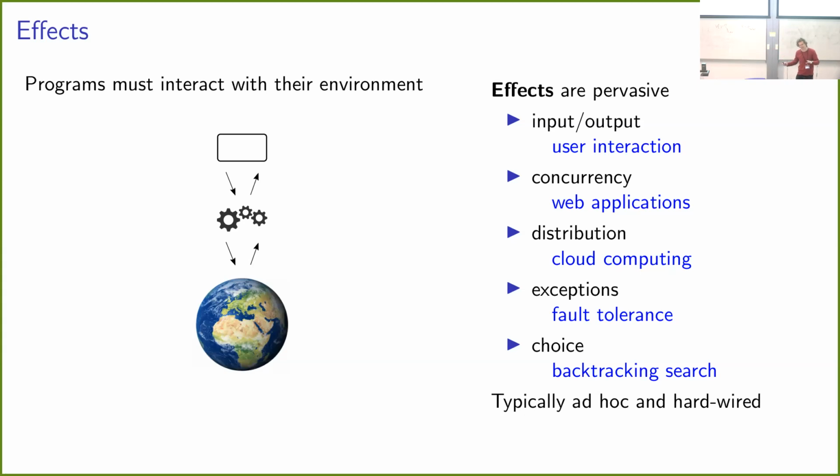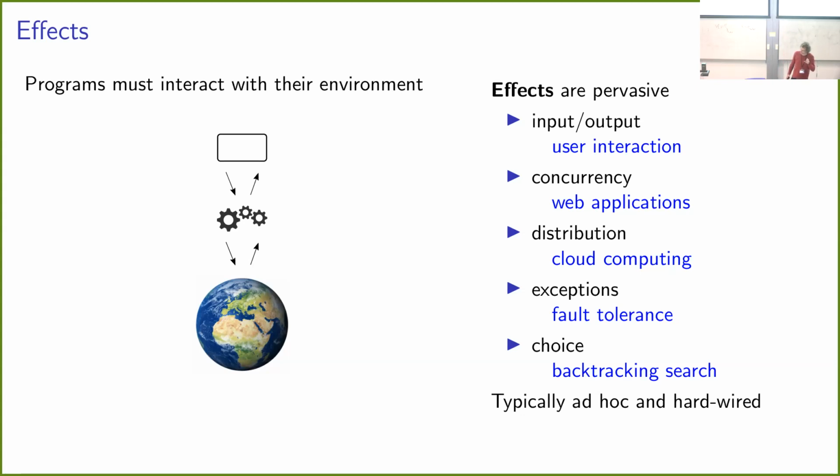We may be interacting with the outside world, so I call those external effects, or we may actually want to be interacting with some other part of the program in such a way that the overall behavior of the program still just takes an input value and produces an output value, but for convenience, we might want to write it in a particular style, like we might want to simulate some form of concurrency or writing to memory or whatever.